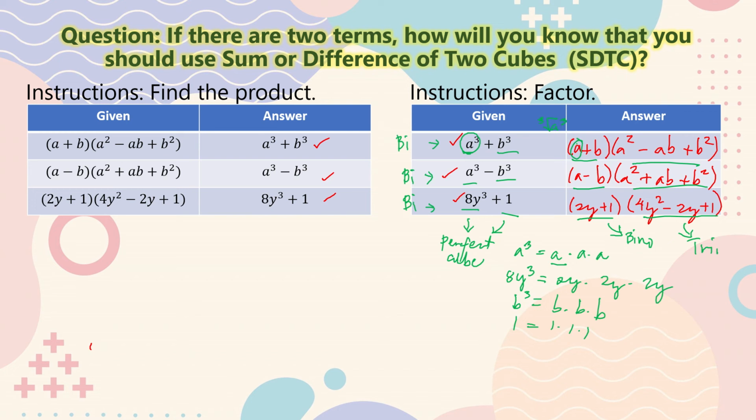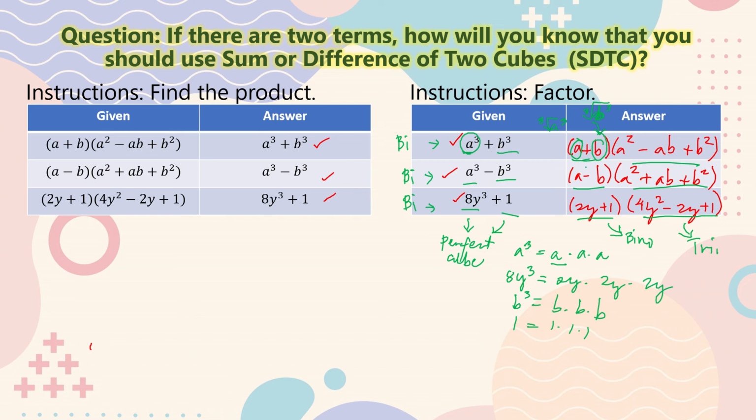So that's a in here. How about the second term? That would be the cube root of the second term, b cubed. So that would be b. How do we know that it is a plus? You will just have to copy the operation in our given, which is a plus.